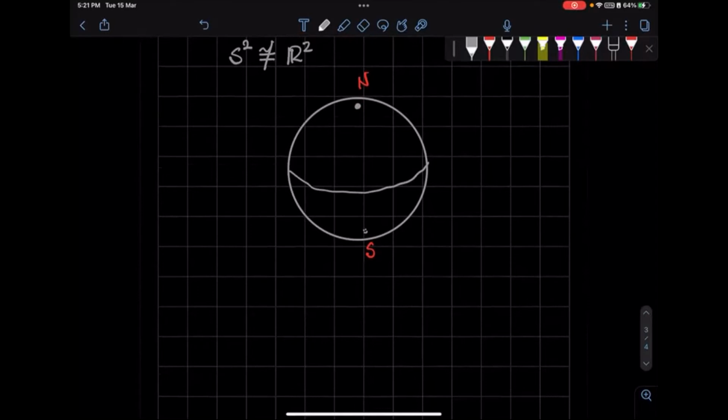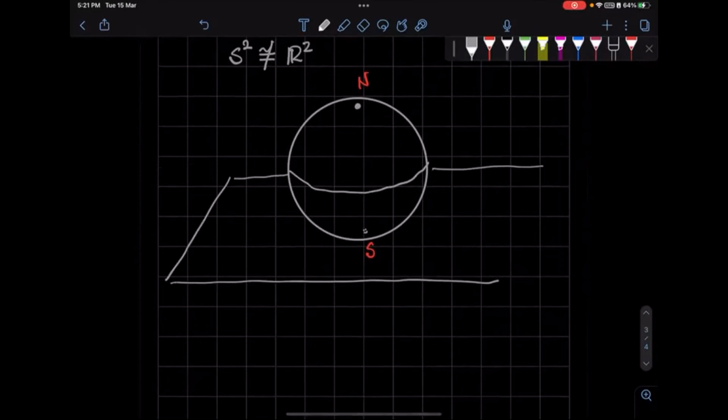So what we do is that we imagine that the two-sphere is sitting on an infinite two-dimensional plane, R2. And we can even think of it as C1, but R2 is better.